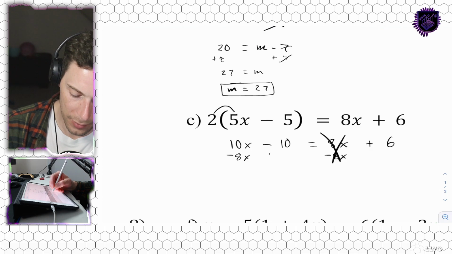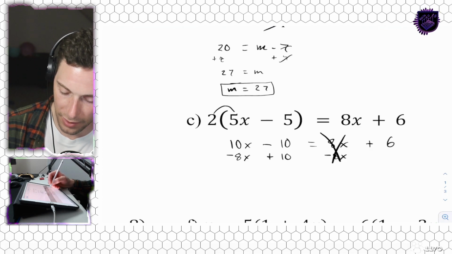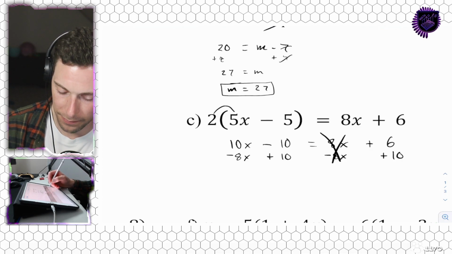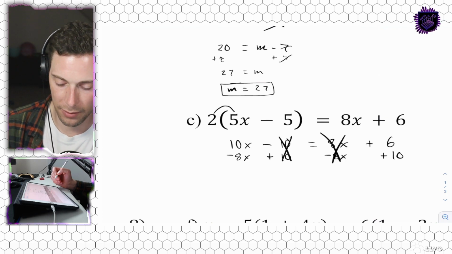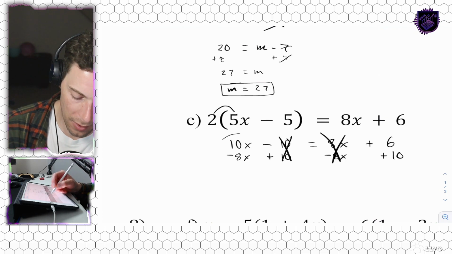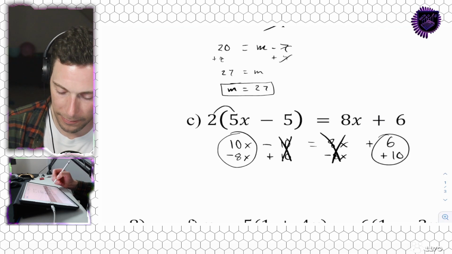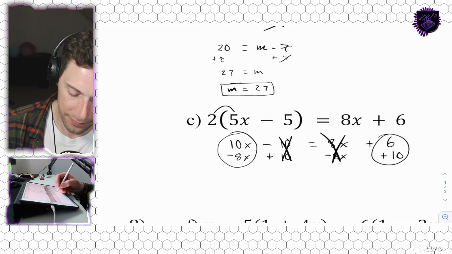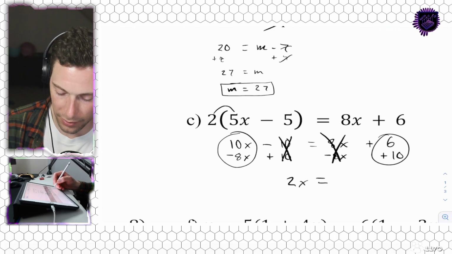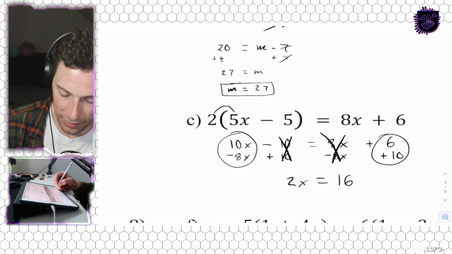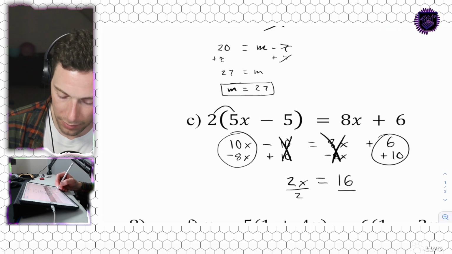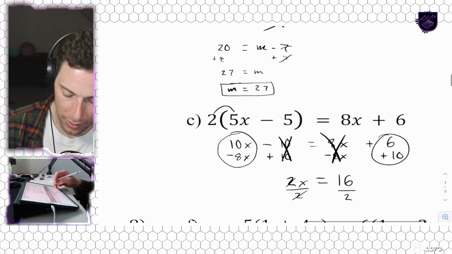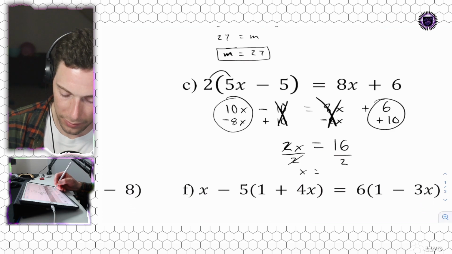On this side, plus 10. On this side, plus 10. Hard cancel here, leaving us with this and this. So we have 2x is equal to 16, divided by 2, divided by 2. x is equal to 8. That's our answer.